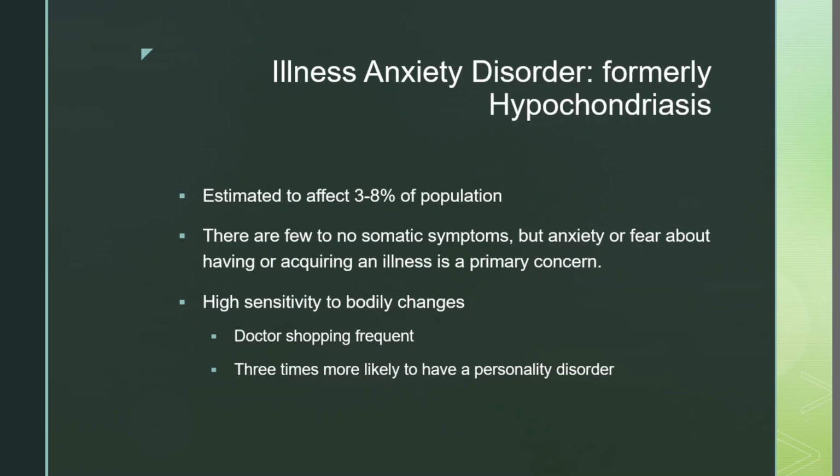So the patient is not really complaining too much of symptoms, but mostly concerned with an anxiety or fear about having or acquiring an illness. So you will see fewer symptoms and more fear of actually having that illness.